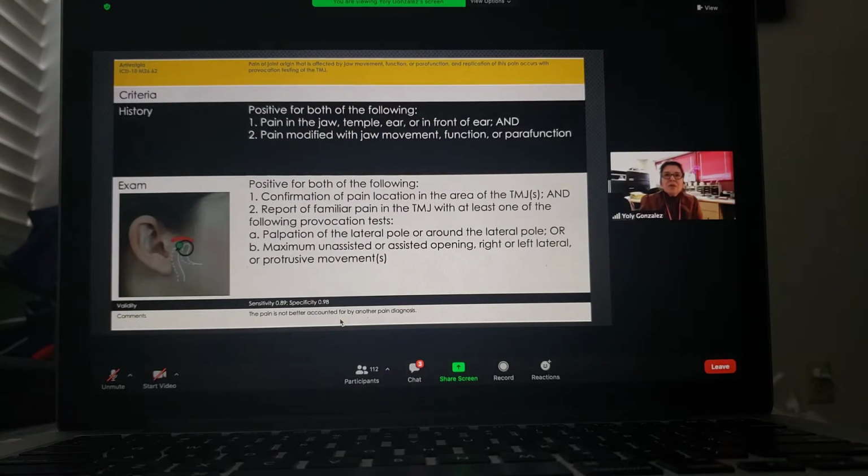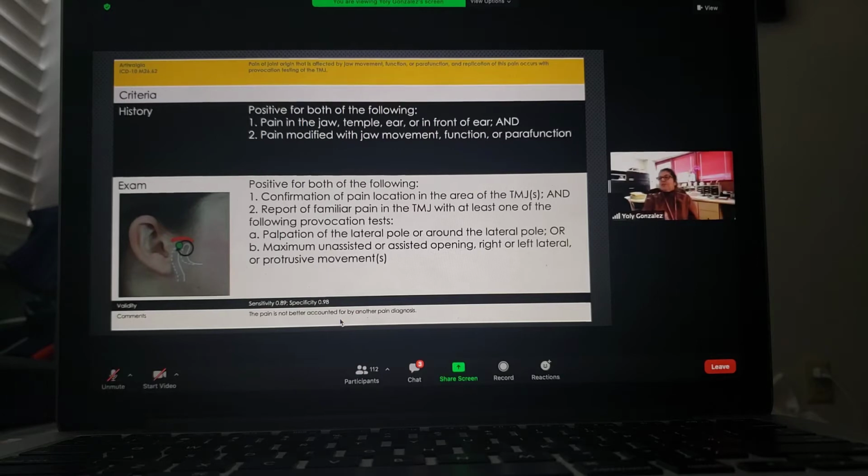So here I was trying to say that in arthralgia the sensitivity was 89 and specificity 98, and that we were able to raise the sensitivity by adding around the pole, which is now a more dynamic palpation with more force, 1 kilo.